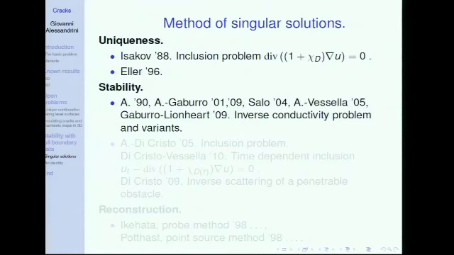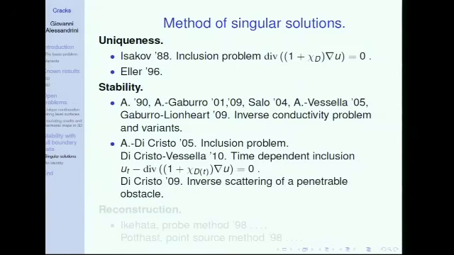Singular solutions have also been used in many ways for stability. Here is just for sure an incomplete list of results. It can be used in particular for getting boundary values of unknown coefficients in inverse boundary value problems, and in some cases also interior values.